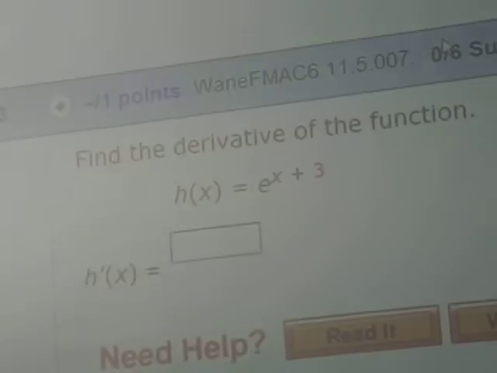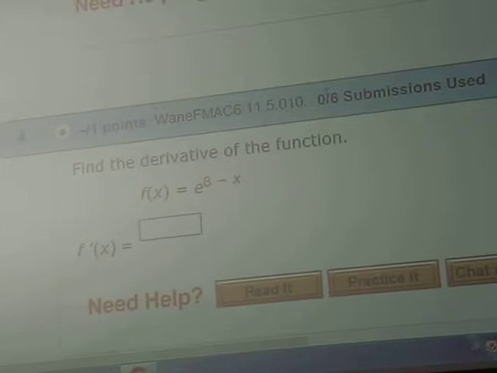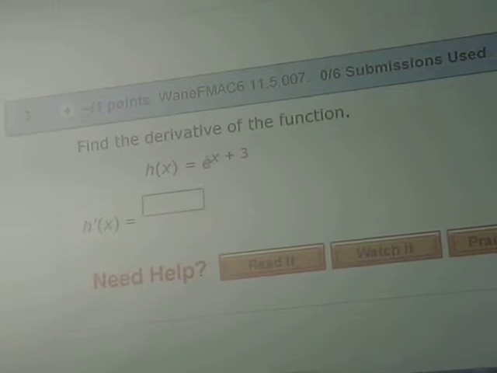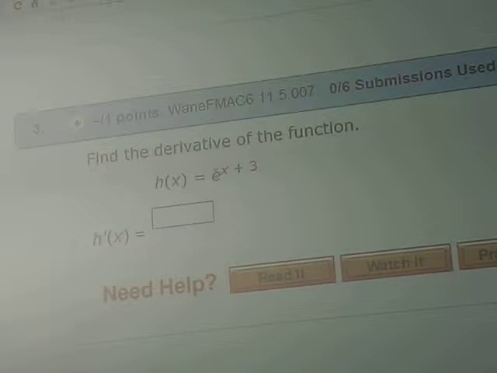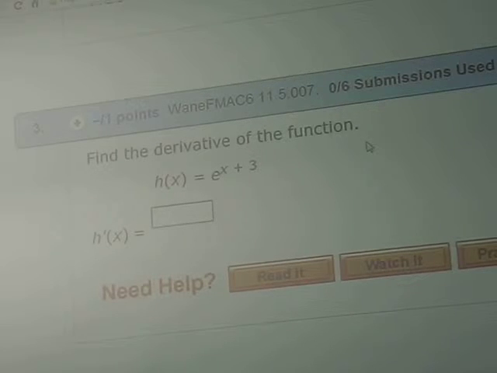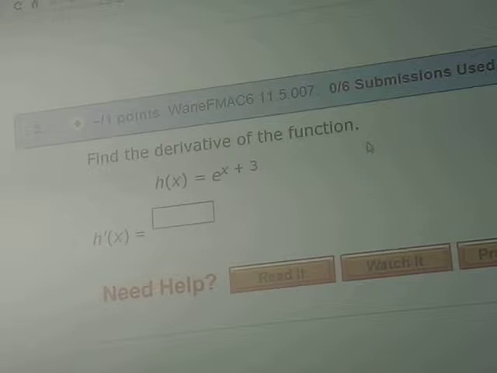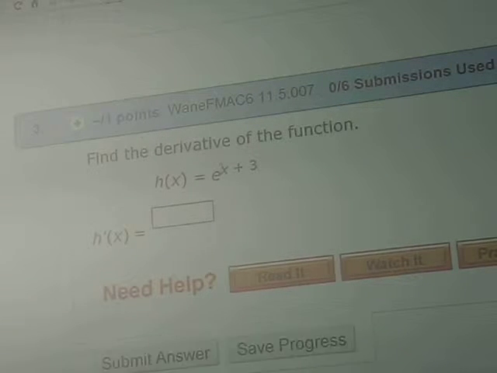How about this one? Okay, so try this one now. Another exercise. The function is e to the x plus 3. The answer is the same. E to the x plus 3, and you're supposed to find the derivative of that.